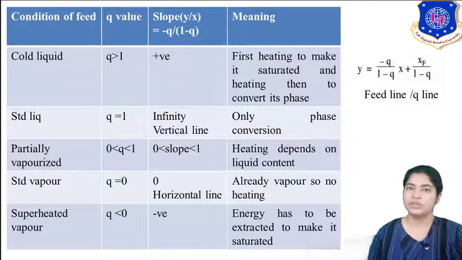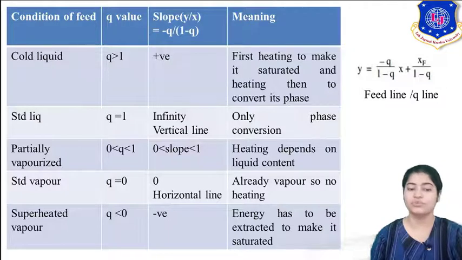Now q equal to 0 means your slope is 0, a horizontal line. Whereas if your feed was saturated liquid, then your slope was infinity, which on your x versus y graph gives a vertical line.